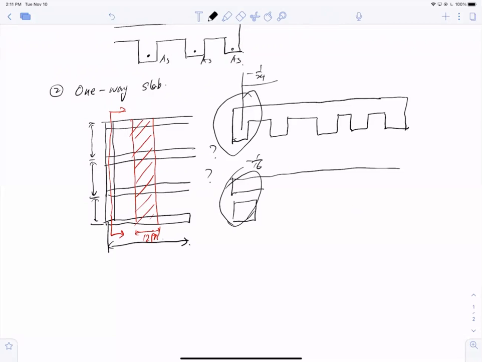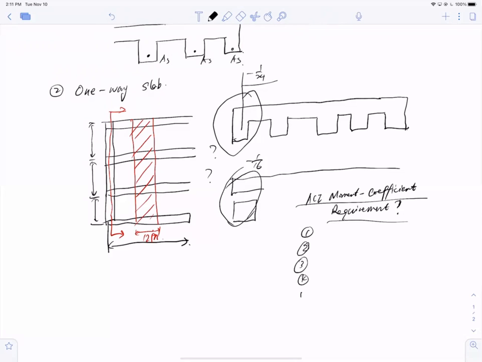The other thing is the ACI moment coefficient requirements. What conditions allow you to use the moment coefficient? If you recall from the previous notes, there are actually five requirements.